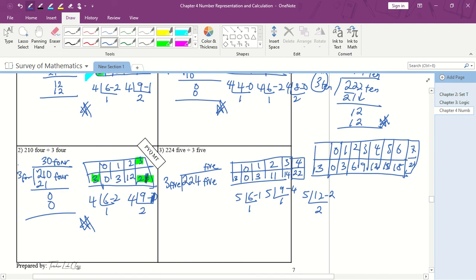And now 22, we know that 4 times 3 is equal to 22. So we can write here 4, 22. And the 4 will be written down here. So we'll put here 1, because 1 times 3 is equal to 3. And we have 1 here. We have 1 remaining.